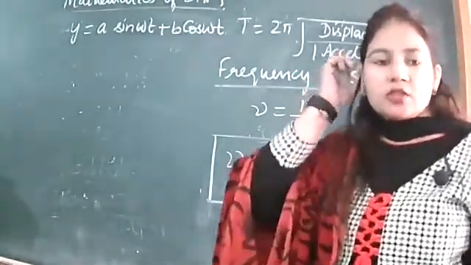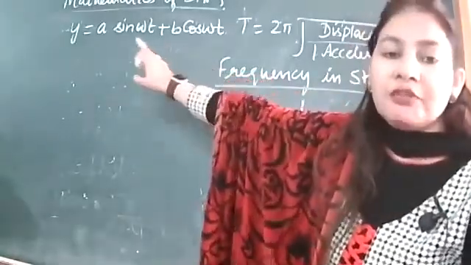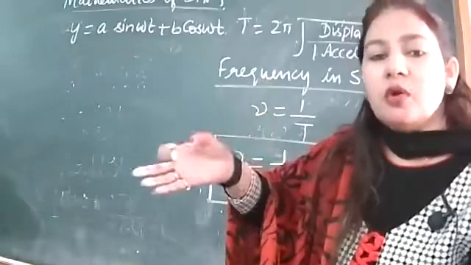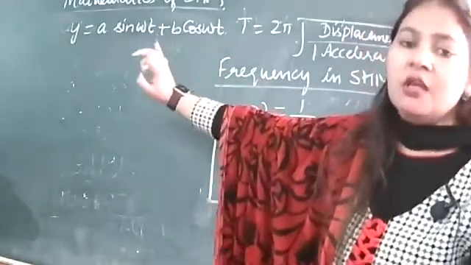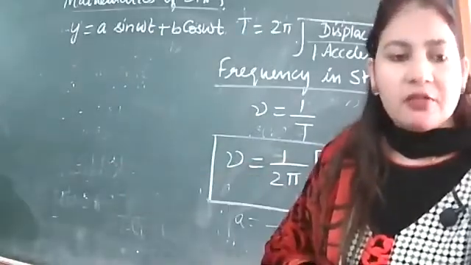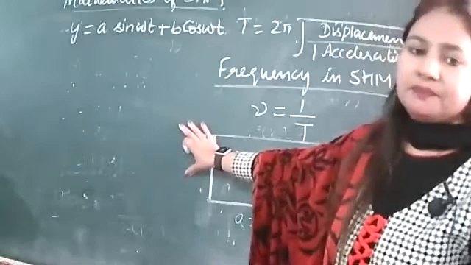So what you will do? This is your displacement equation. Differentiated once, you will find velocity. Differentiated once more, you will find acceleration. And if that acceleration is directly proportional to negative of displacement, that will show that this is SHM.